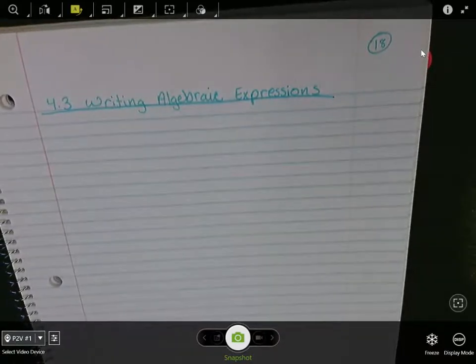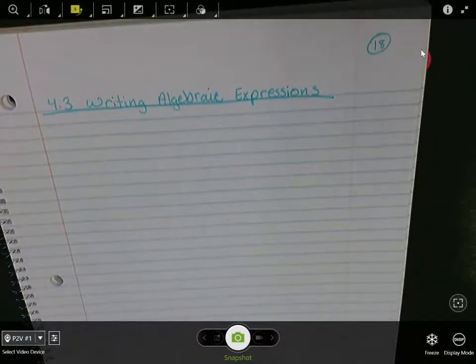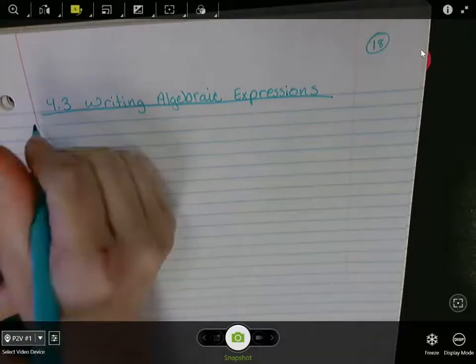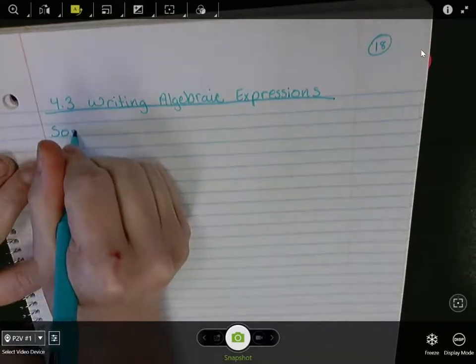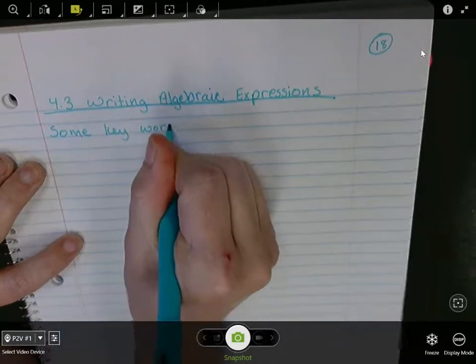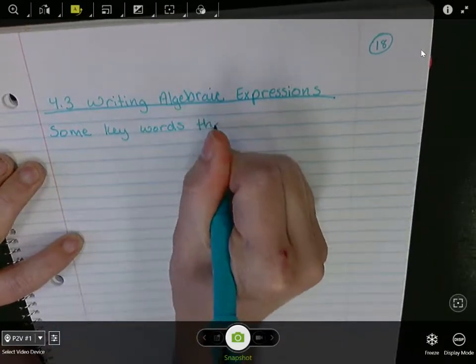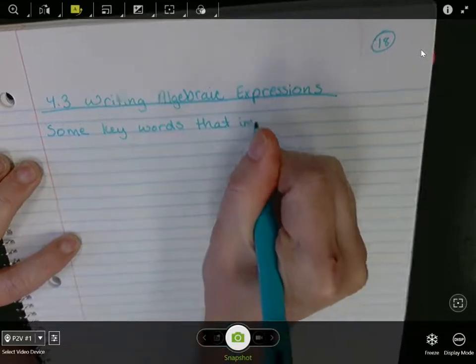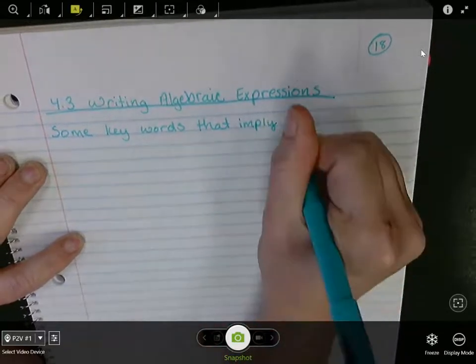All right, so you can look for some keywords and sayings in algebraic expressions that imply math operations. So these are some keywords that imply math operations.